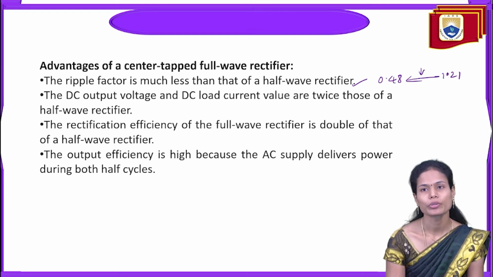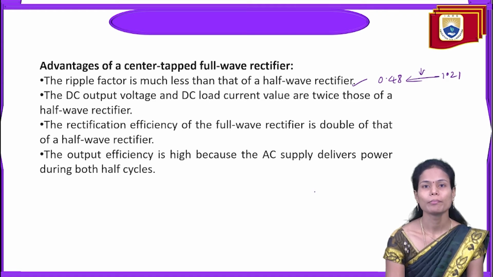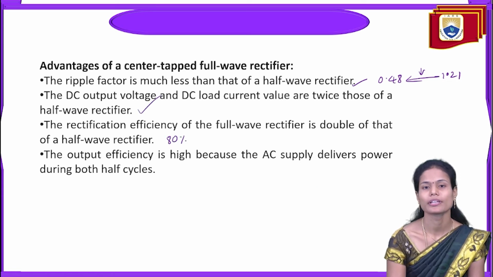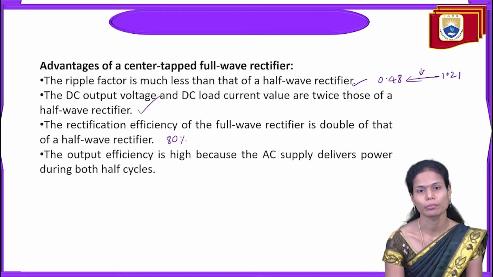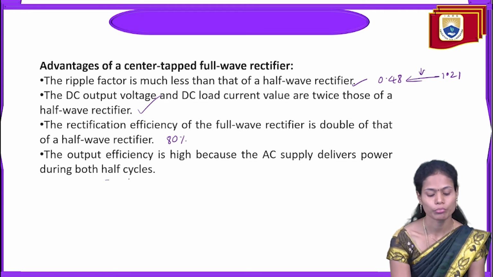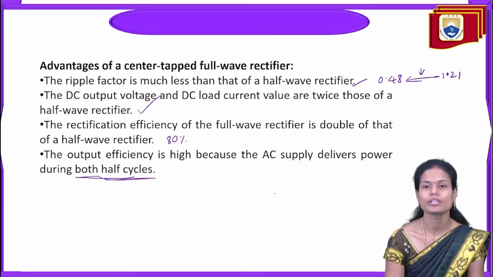And the DC output voltage and DC load current values are double compared to the half wave rectifier. The efficiency is also doubled, almost 80%, whereas in the half wave rectifier it is only 40%. The efficiency is high because the AC supply delivers power during both half cycles. So that's why efficiency is also very high.